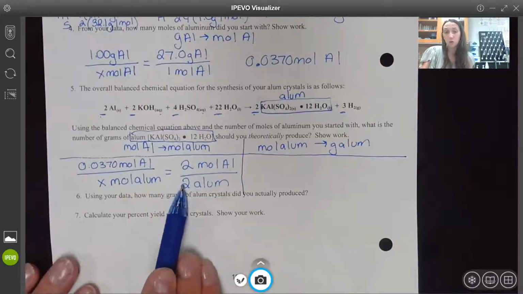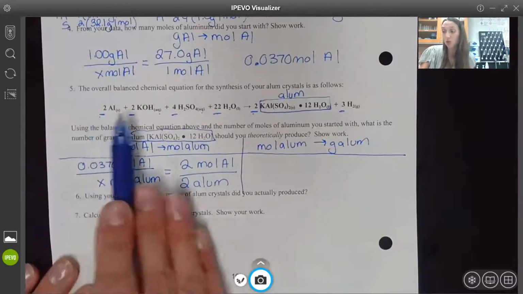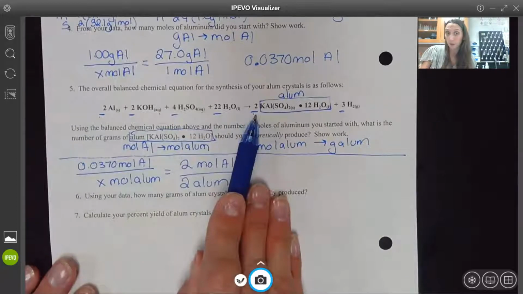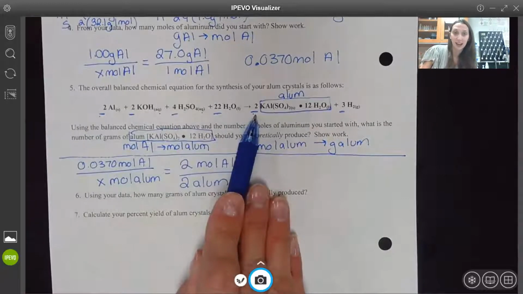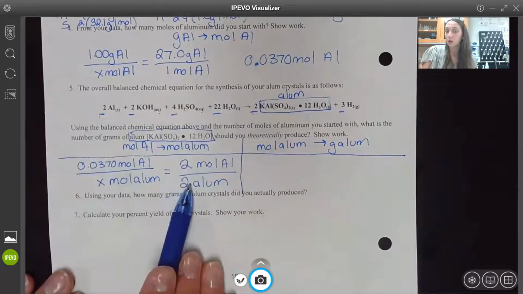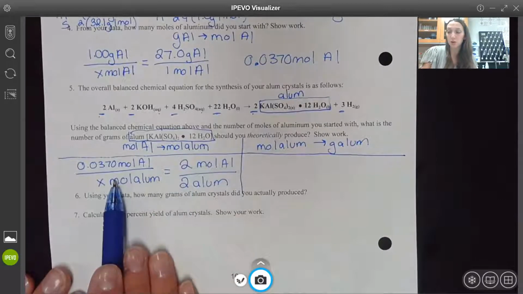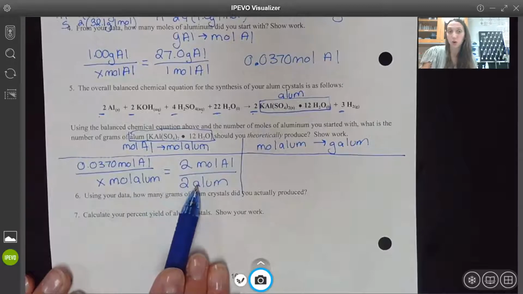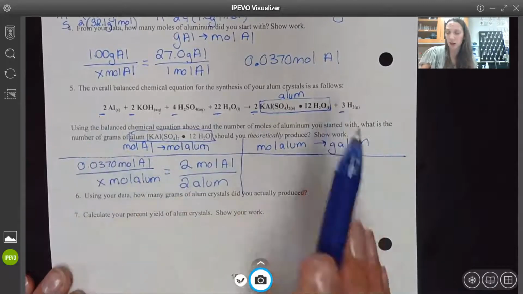And don't go changing this to 1 to 1. This is a 2 to 2 mole ratio. Pull the coefficients down exactly as is. I want to see the work. So even though you don't need to stick this in your calculator, I need to see it written down. This is proof of moles of aluminum transferring through a chemical reaction into moles of alum.